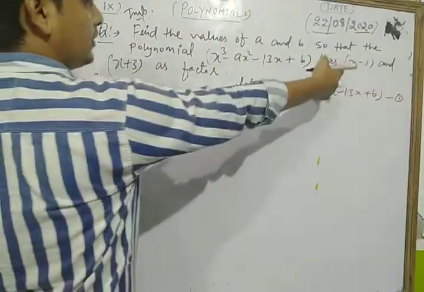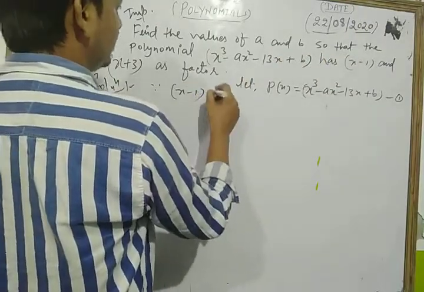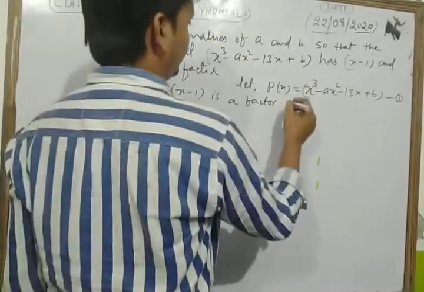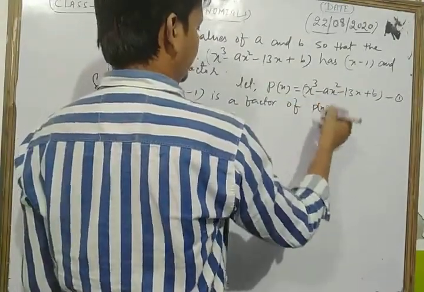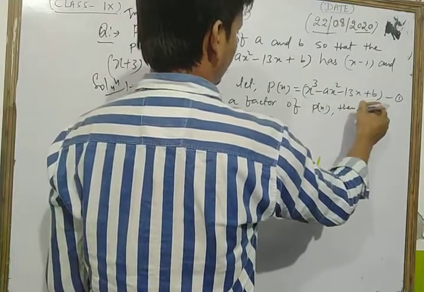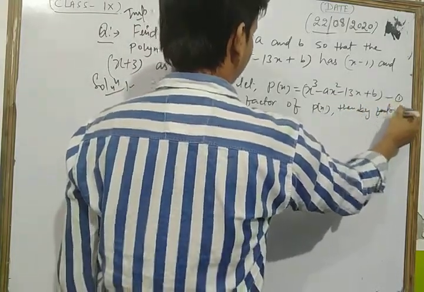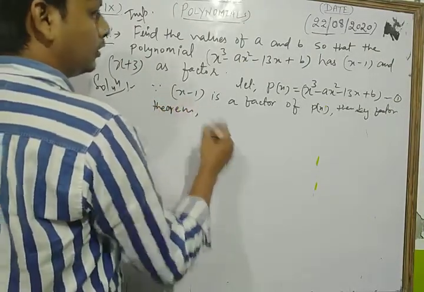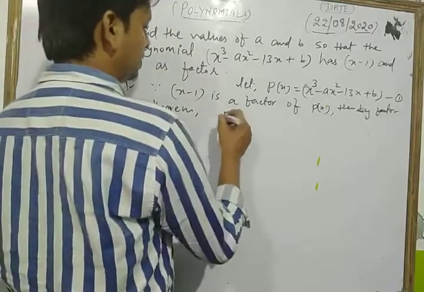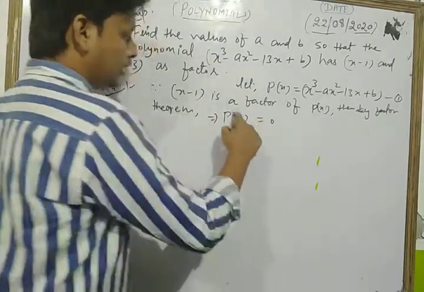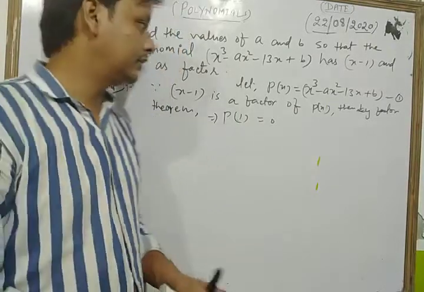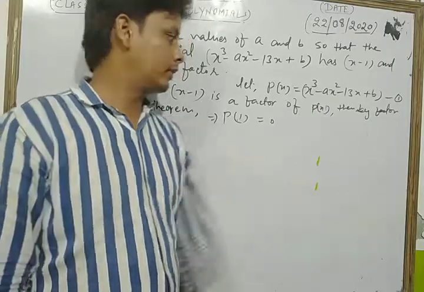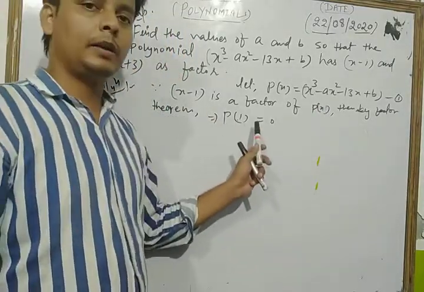First we take x minus 1 as a factor of p of x. Then by factor theorem, we get p of 1 must be equal to 0, because x minus 1 is a factor of p of x, so by factor theorem p of 1 must be equal to 0.